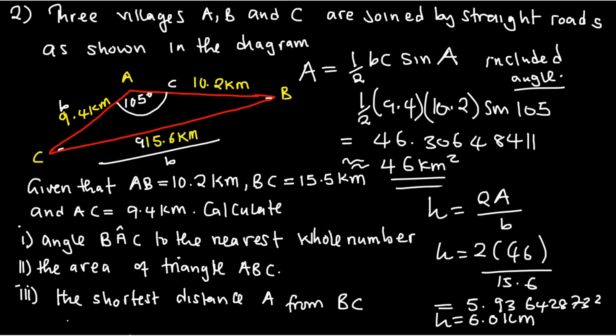So it's very important that you know how to find the angle, how to find the area, how to find the shortest distance, and of course how to find the distance like in the first part. These are some of the parts that you're going to come across. Now, this is where trigonometry in terms of sine and cosine rule ends.